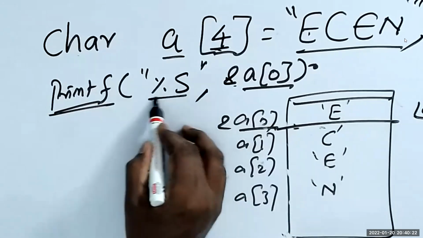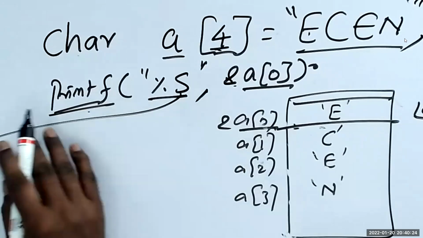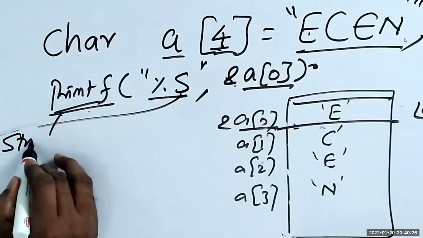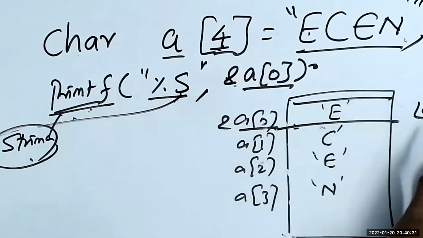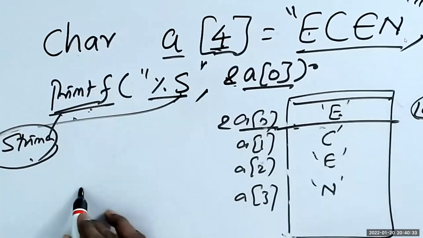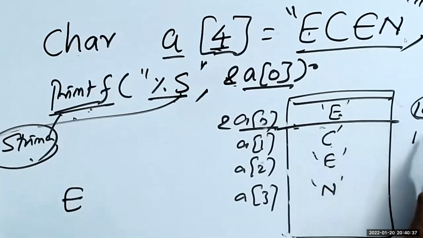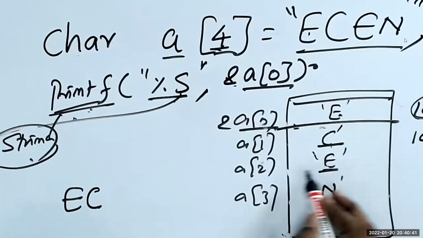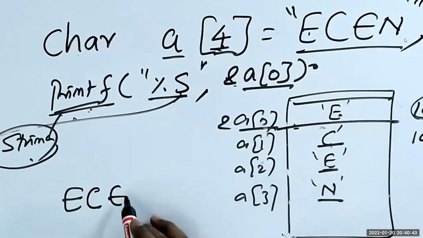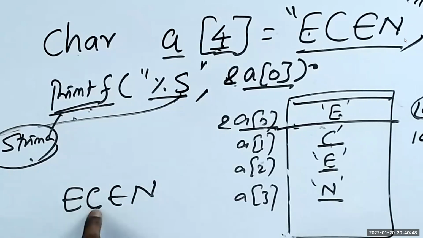Since I've given percentage yes, the printf thinks this is a string. What the printf does is, it goes to 1000. What is there? E. Print it on screen. Then it automatically increments to 1. What is there? C. Then it automatically increments: E, and N. Understand? Now it prints ECEN.